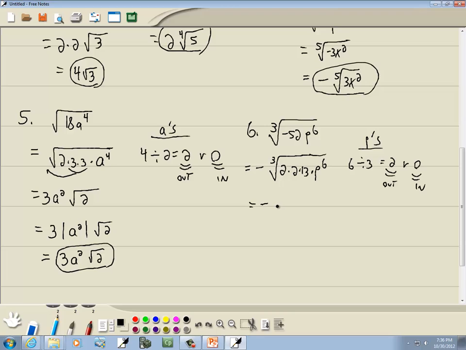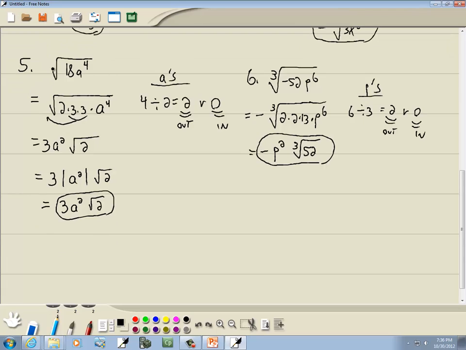So we have the negative out in front, 2 p's come out, and 0 p's stay in. Then 2 times 2 times 13 gives us 52, and that's our answer. Notice I didn't put absolute value bars around here. The only time you have to worry about absolute value bars is when your index is even, and not when it's odd.